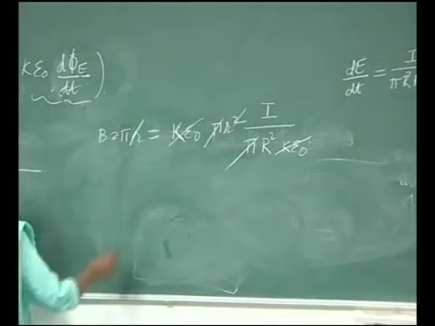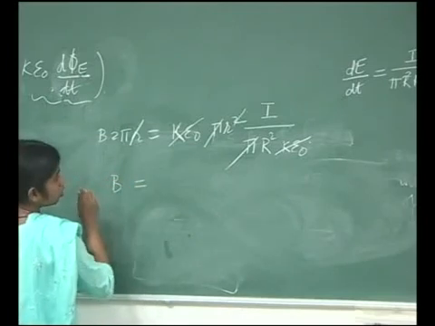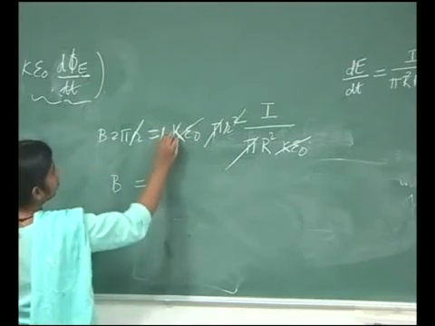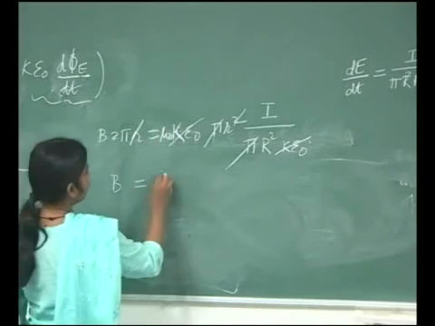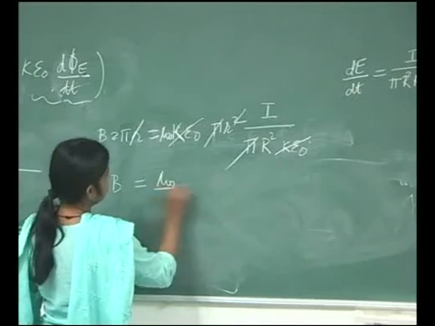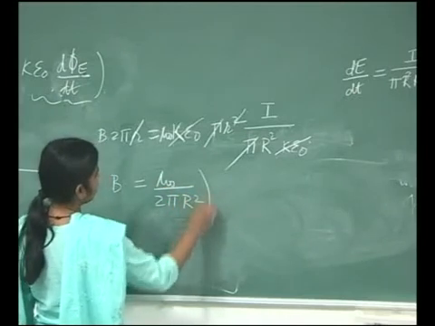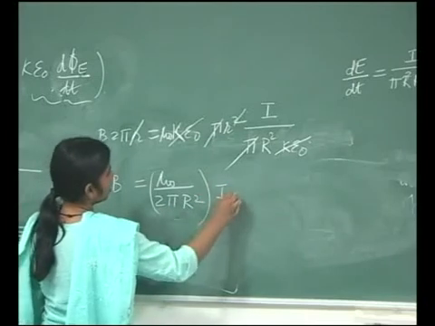So, what I have here is B is equal to mu naught upon 2 pi capital R square into I into small r.